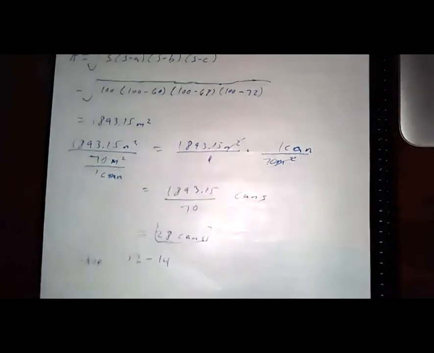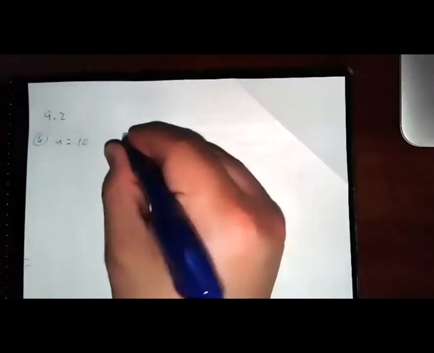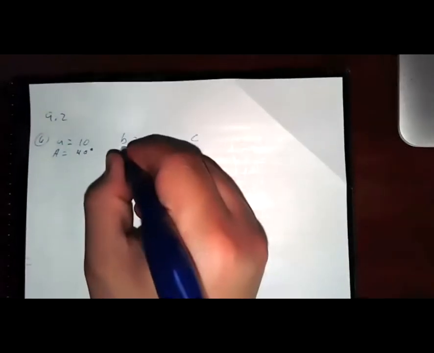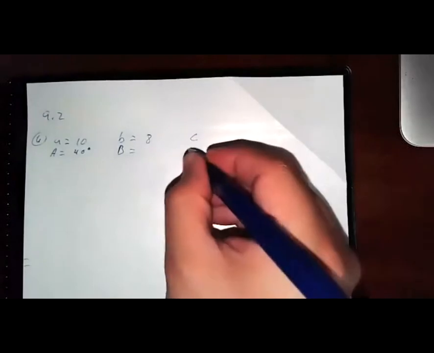Okay, so 9.2, number 6. They give us two sides and an angle, capital A. We don't have capital B or C.